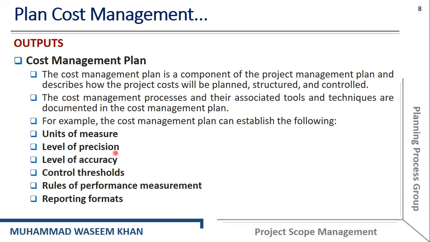The level of accuracy, that is how accurate our processes are. Control thresholds, the limits, rules of performance measurement, and reporting formats. So these are some of the examples, some of the components that are included in the cost management plan.